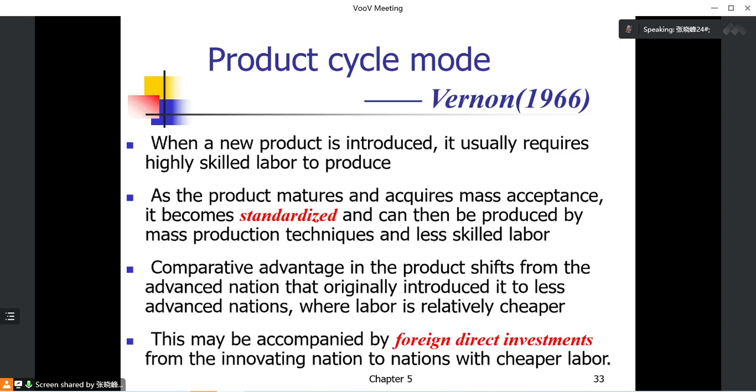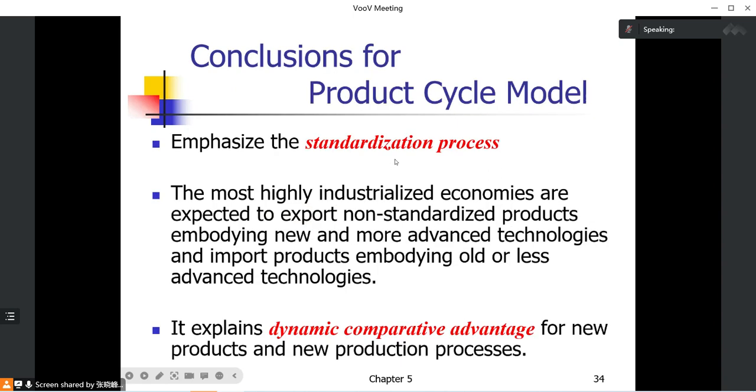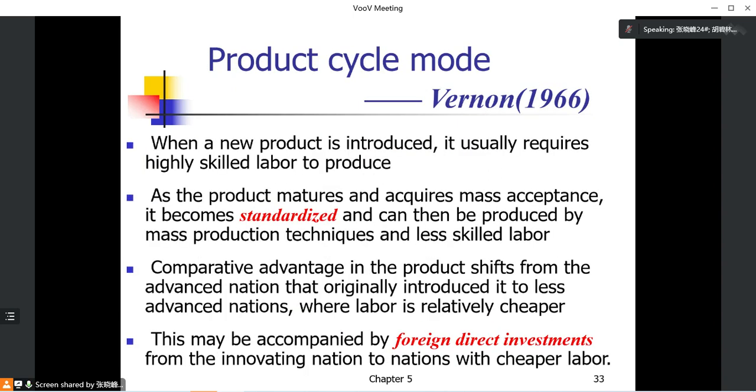In the last round of globalization, countries like China, some countries of Southeast Asia, and Korea and Singapore became newly emerged frontier nations just because of the cheaper labor cost, and also Indonesia and Malaysia.